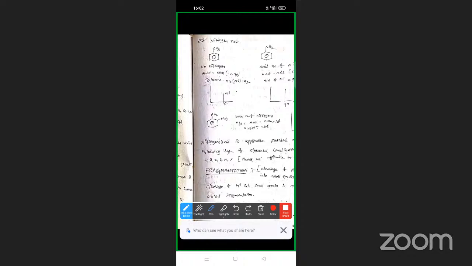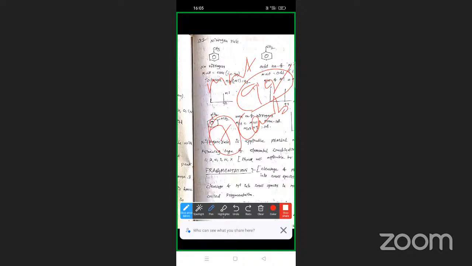They will give something like this: one compound has a molecular weight of 92 and carries 7 carbons.